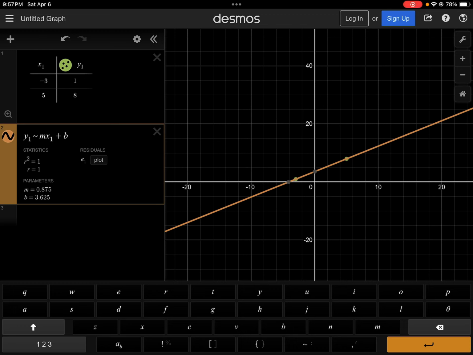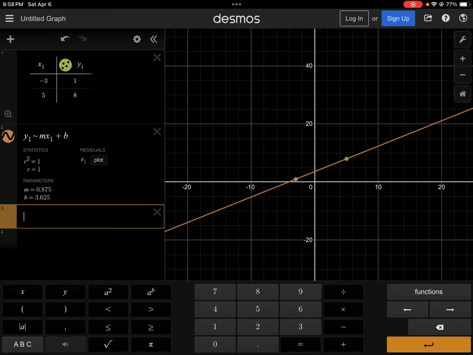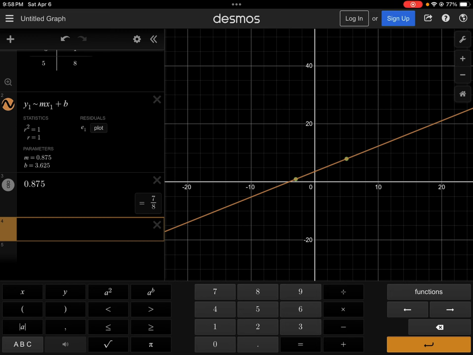So okay, I see the slope is 0.875, but I want it as a fraction, so let's type it. 0.875. Let's tap the fraction symbol, and it's 7/8.